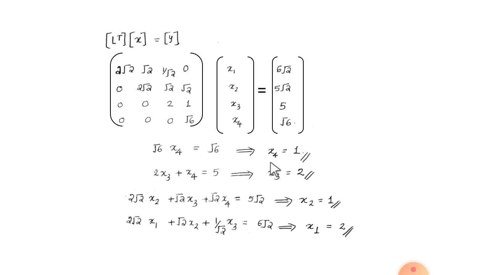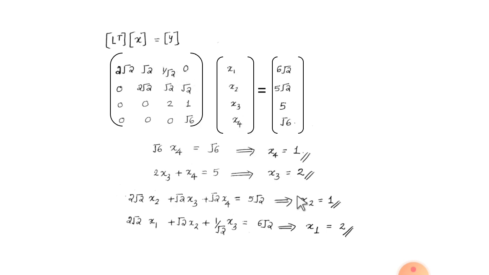To get the value of x4, you have to multiply this row with this column. To get the value of x3, you have to multiply this row with this column and equate with this. Again, to find the value of x2, you multiply this row with this column, and to find the value of x1, you multiply this row with this column.